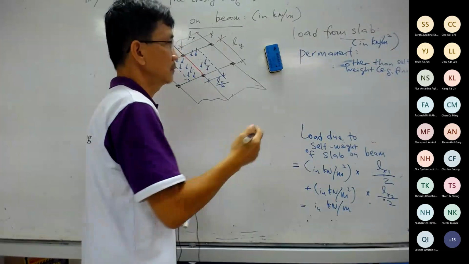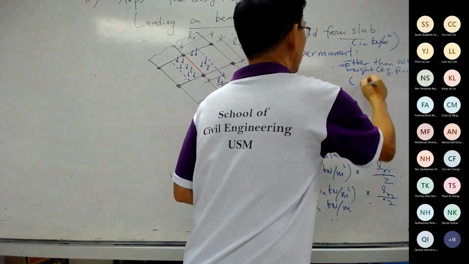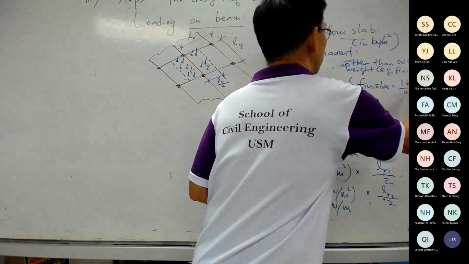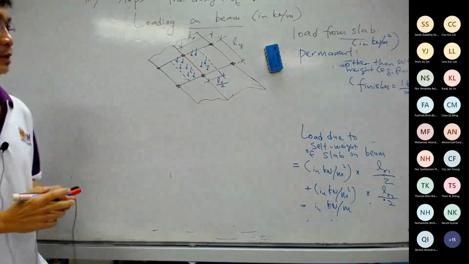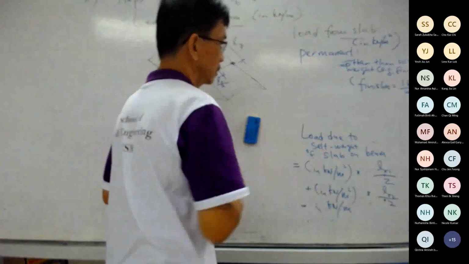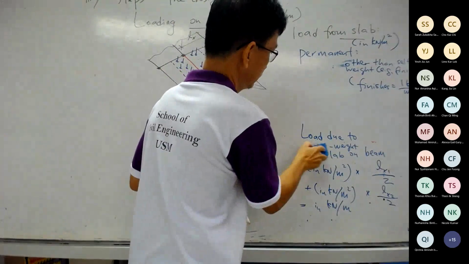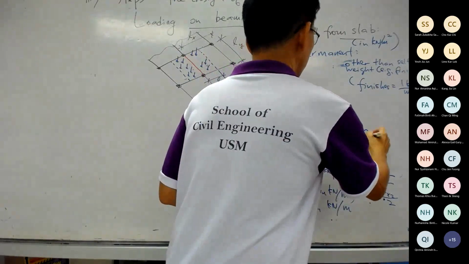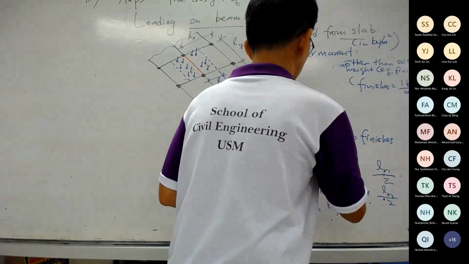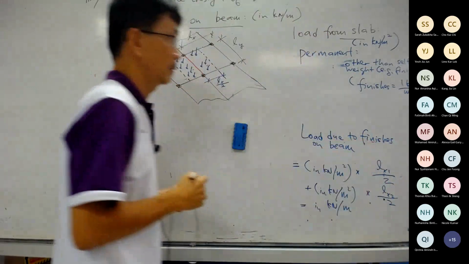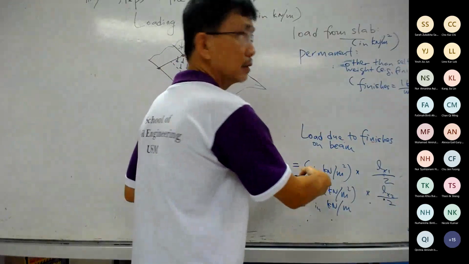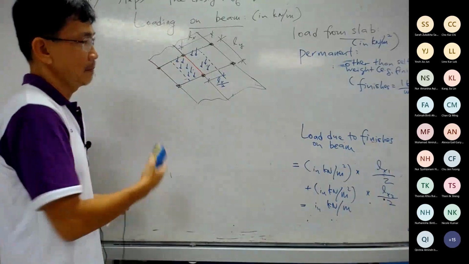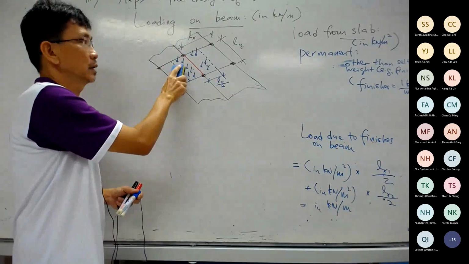But if the question already gives finishes, for example, the finishes load is 1 kilonewton per meter square, then the load due to finishes on beam will be whatever load that we have here from finishes, multiplied again by Lx over 2 from one side, plus again, if there is another slab here with finishes.